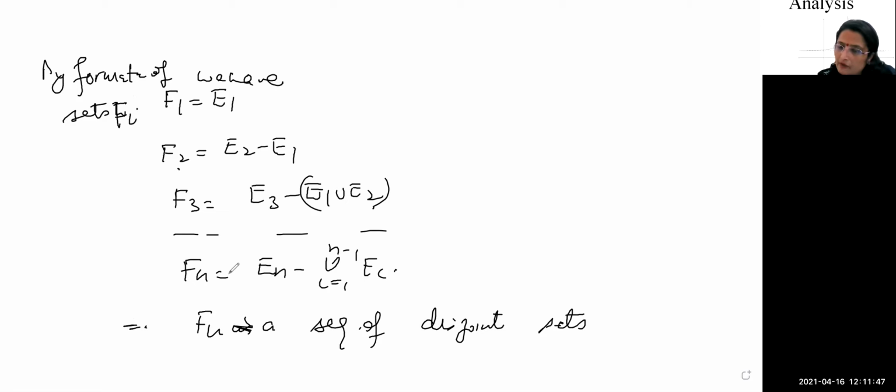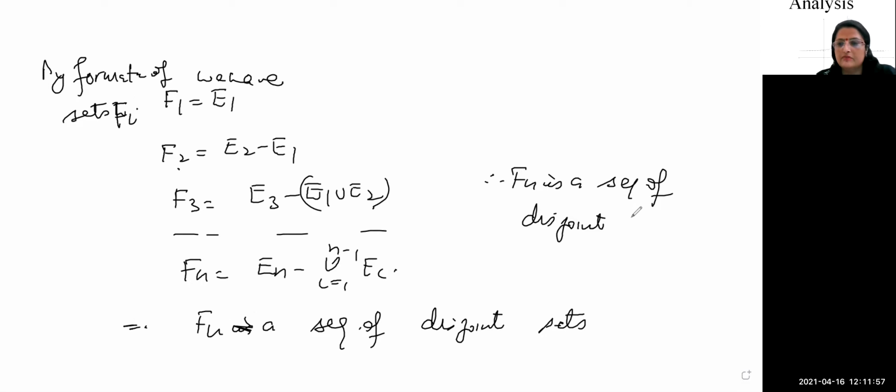Moreover, we have already proved that each Fn is measurable. Therefore, Fn is a sequence of disjoint measurable sets. And the previous theorem states, if you have a countable union of disjoint measurable sets, then their union is also measurable.